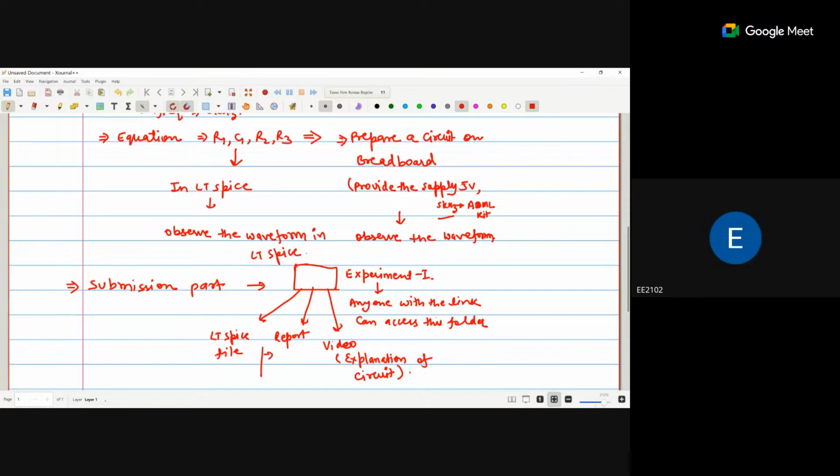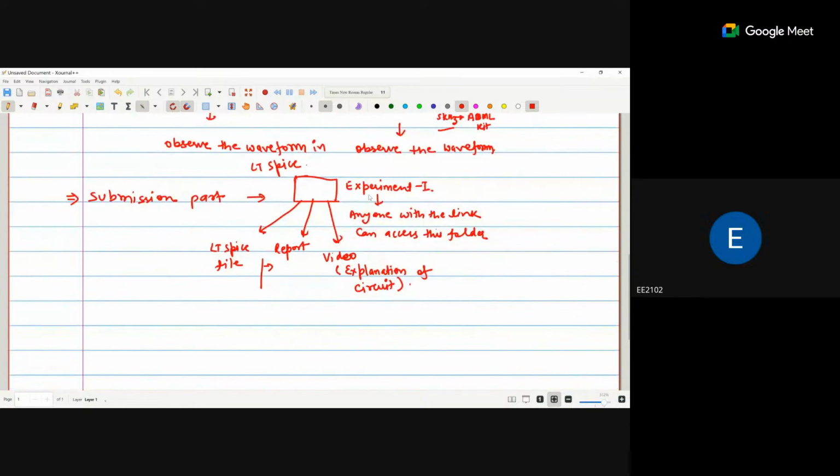In this report, your LTspice circuit, your waveform, and calculation, how you calculated the R1, C1, R2 and R3.